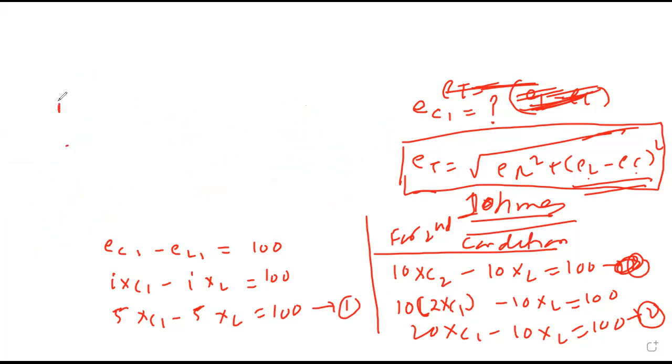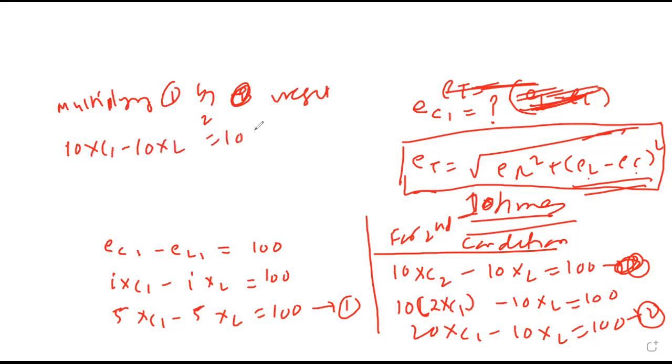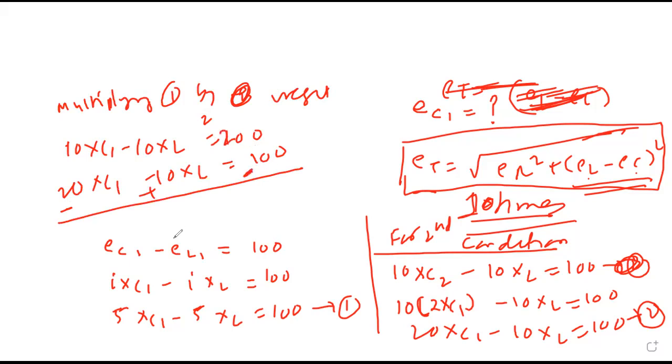So multiplying 1 by 2, we get 10 XC1 minus 10 XL is 100. So 20 XC1 minus 10 XL is also 100. Subtract this, so the XL cancels, and we get 10 XC1 equal to 100.